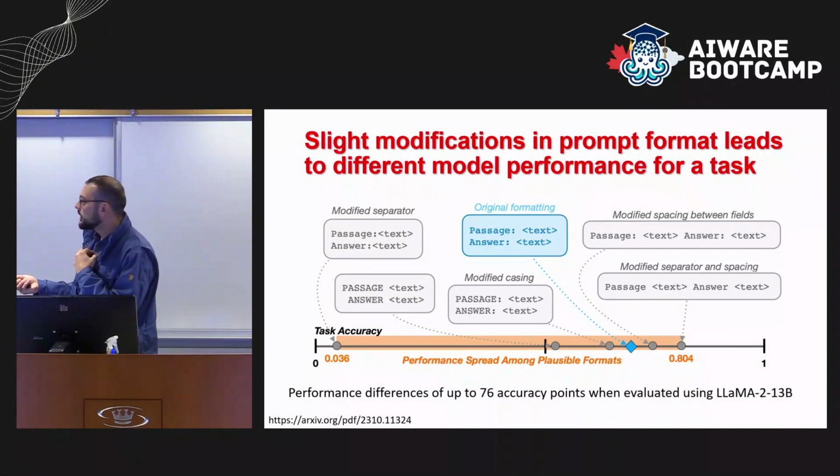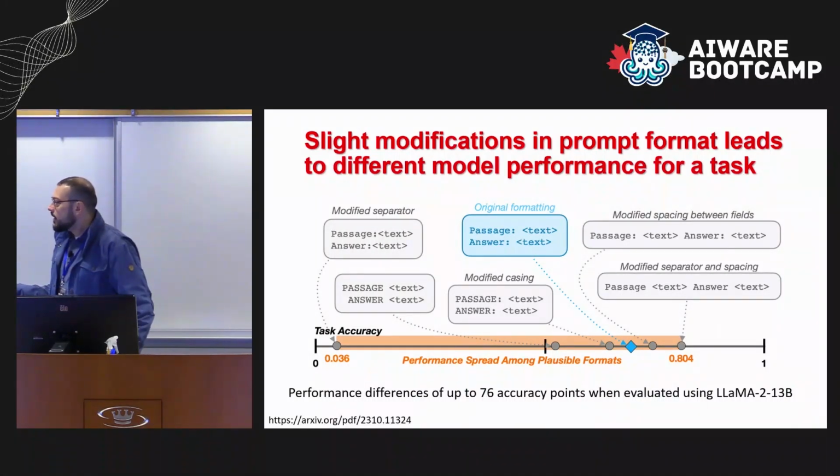The original prompt brings me here in terms of performance. Then, instead of breaking the line between the passage and the answer, the spacing between fields is just a space, with no line break. And that brings me to this accuracy here.